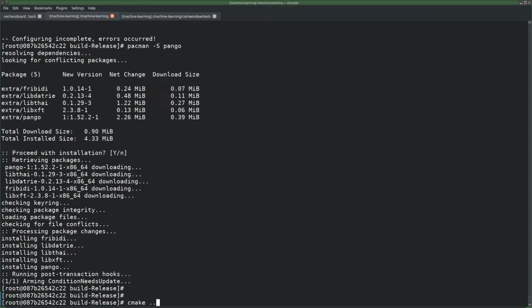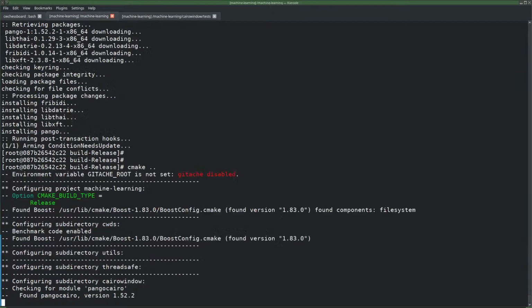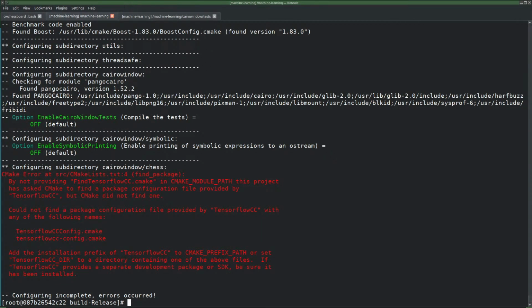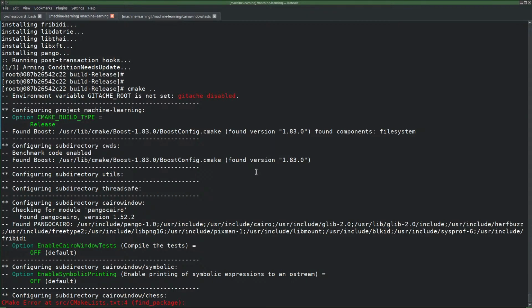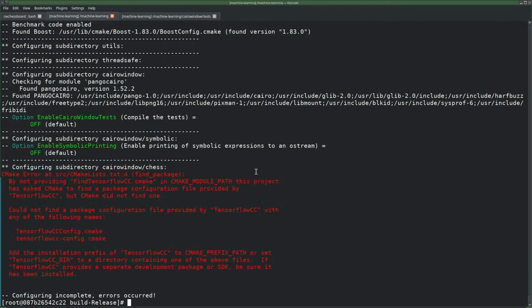Okay, what is next? Run this again. Yeah, TensorFlow. Yep. I don't think I have TensorFlow. We don't have TensorFlow, right?